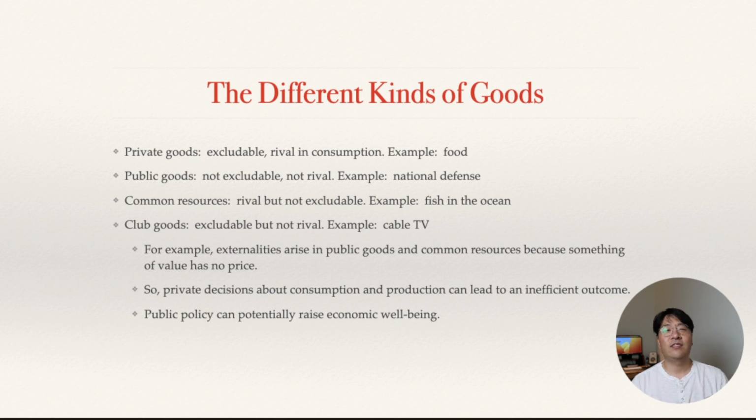Common resources: we looked at this issue last time as the commons, the tragedy of the commons. We'll touch on it a little bit today too. Common resources are rival but not excludable. Pricing doesn't matter; payment itself doesn't actually work, but clean water can be damaged by externalities.